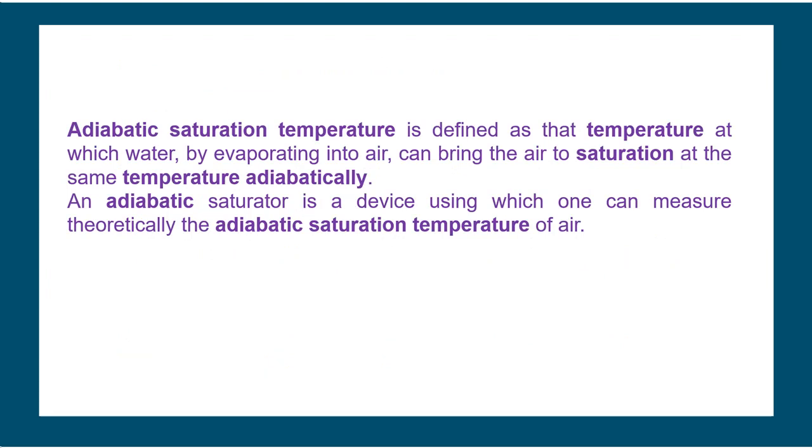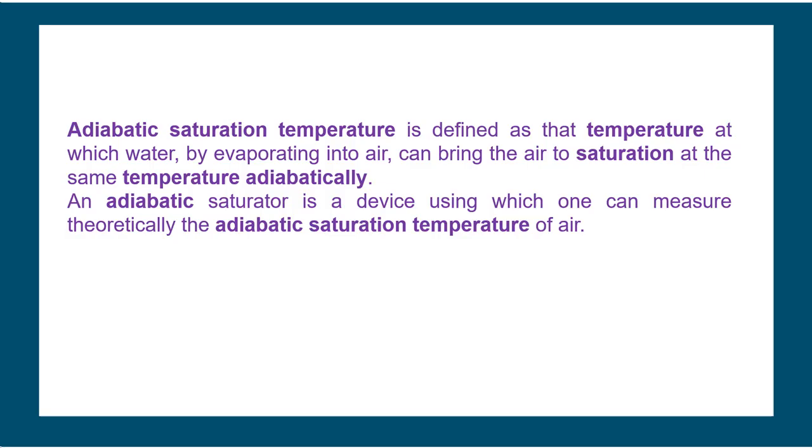Okay, if you look at what is adiabatic saturation temperature, we can say that it is the temperature at which the water, by evaporating into air, can bring the air to saturation at the same temperature adiabatically. There is no change in temperature, but by evaporation of the water we have saturation being attained.